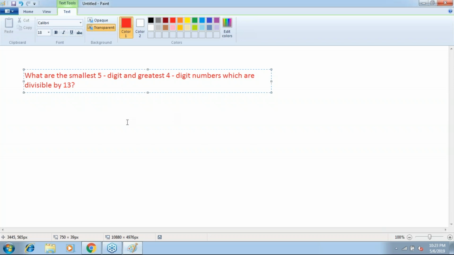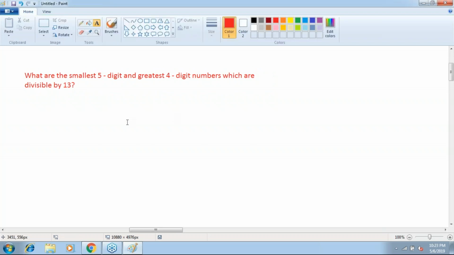This is the question. So the smallest 5-digit and the greatest 4-digit numbers which are divisible by 13.